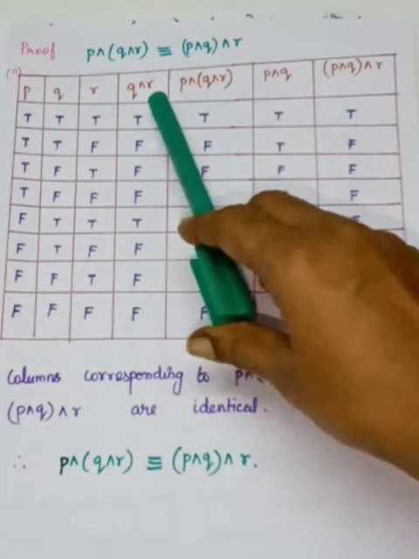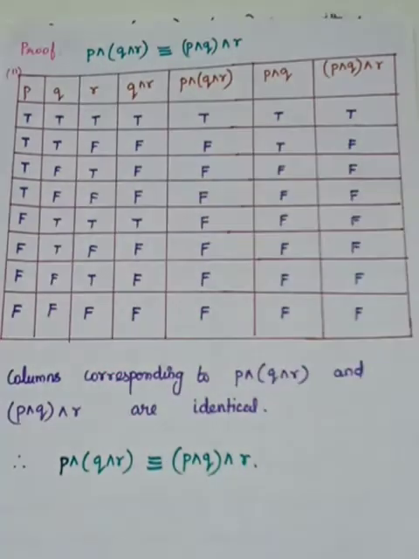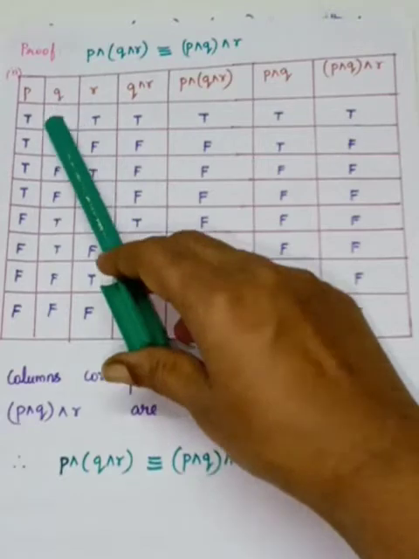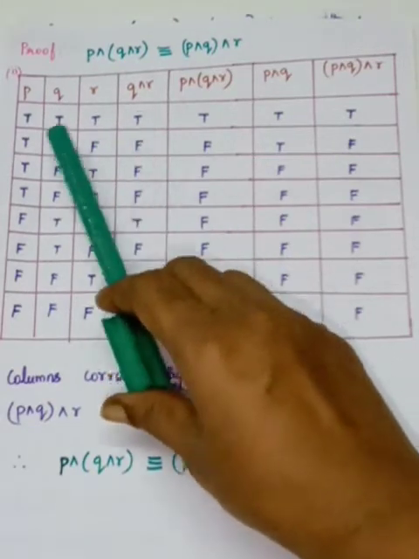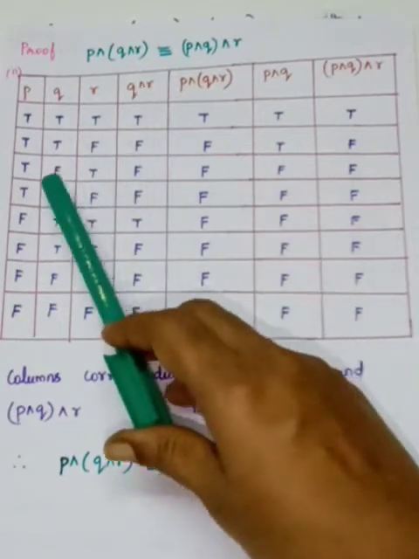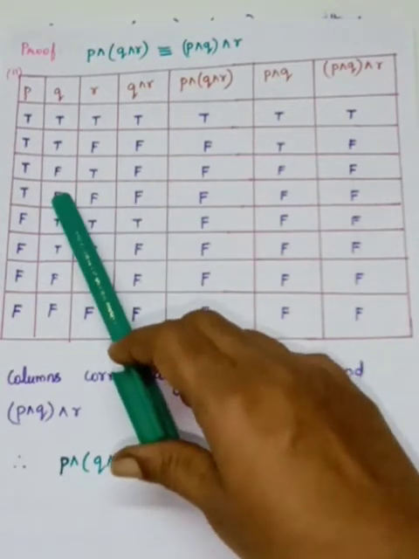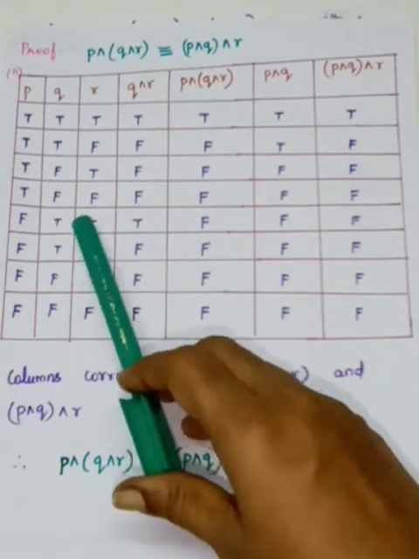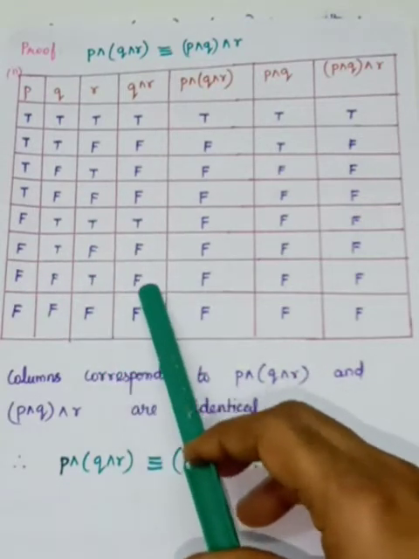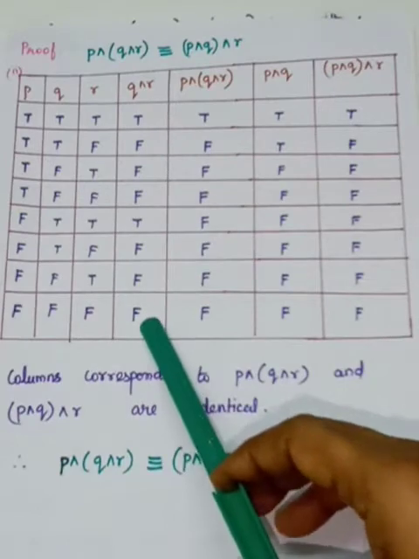And means both are true only, then it is true, otherwise it is false. You look at the first two, here both are true, so it is true. Here one is true, so it is false, because here and is used. Here also false. Here both are false, so it is false. Here both are true, so it is true. And here it is false. Here one is true, so it is false. Here both are false, so it is false.